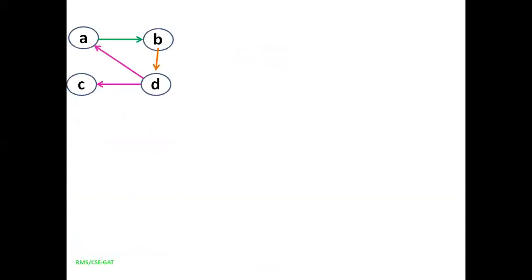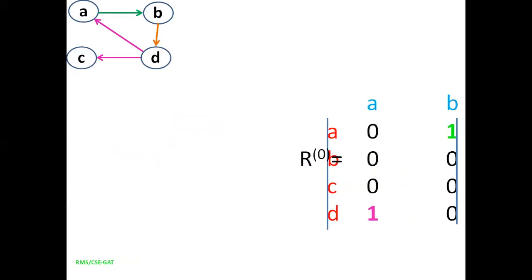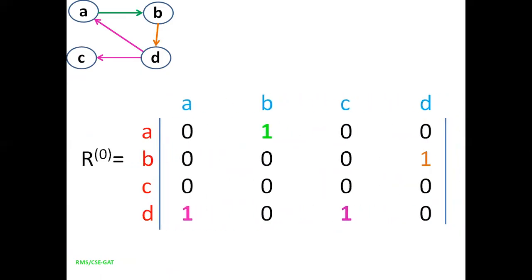For this graph, we just need to find direct edges with no intermediate vertices. Then I will get A to B, which I have indicated in green color, A to B is 1, then B to D is 1, then with pink color, from C there are no direct edges, then with pink color D to A and D to C. So this is our R^0.